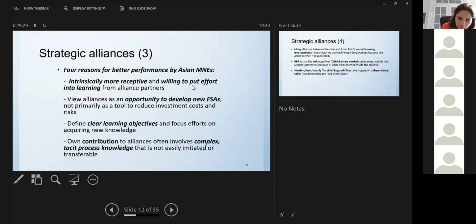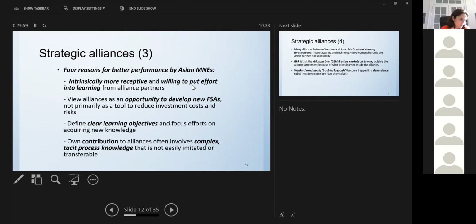And a fourth element is maybe the own contribution to the alliances of the Asian companies was more the tacit process knowledge, whereas the Western rivals put in more codified, standalone firm-specific advantage. Codified means, for example, a patent, whereas tacit knowledge is more implicit knowledge.